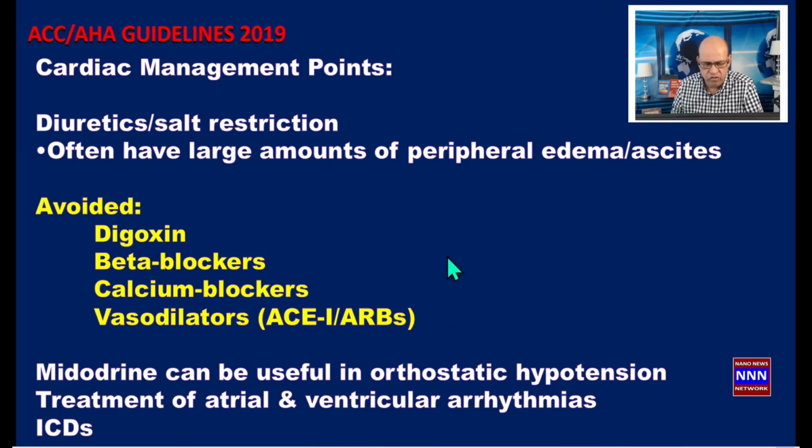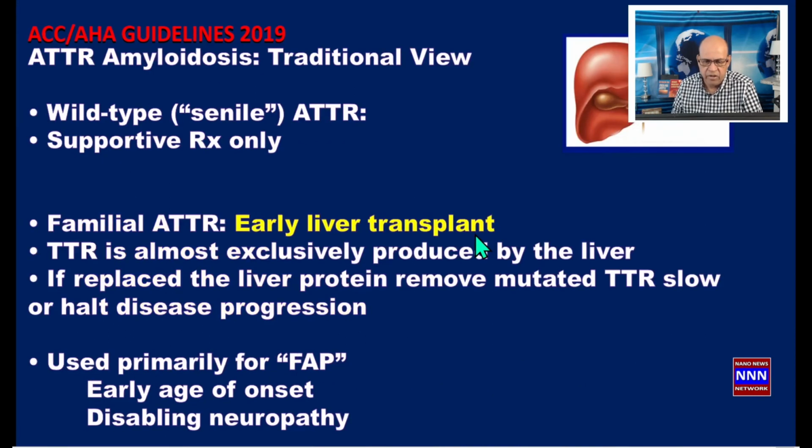And some of these patients may also need intracardiac defibrillators if they have significant ventricular arrhythmias that are life-threatening. The treatment for TTRwt amyloid is, of course, early liver transplantation, and that might help to reduce the amount of amyloid deposition in the various tissues.